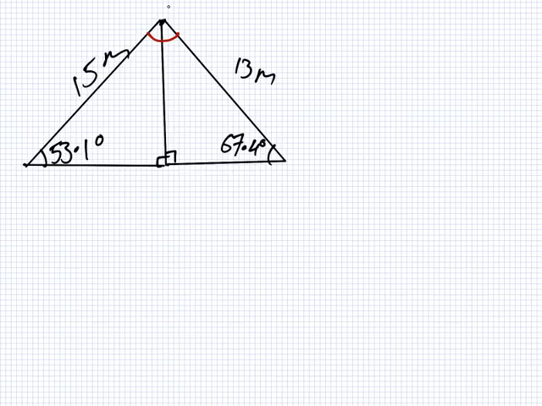So 180 minus 53.1 minus 67.4. So this one is 59.5 degrees. We can use the cosine rule to get this x here.